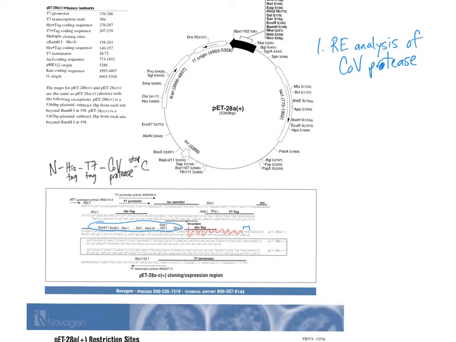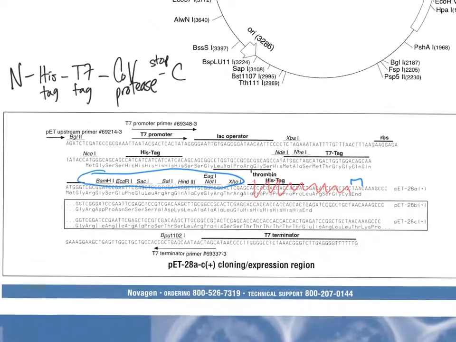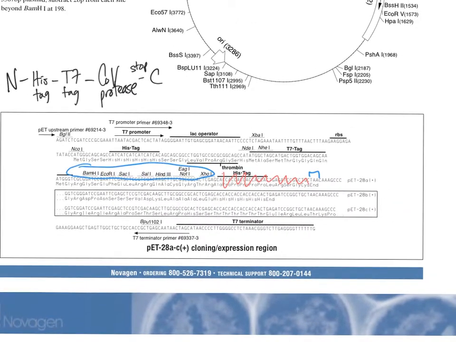Now I can pick and say, okay, fine, let's say I choose EcoRI or BamHI or whatever.